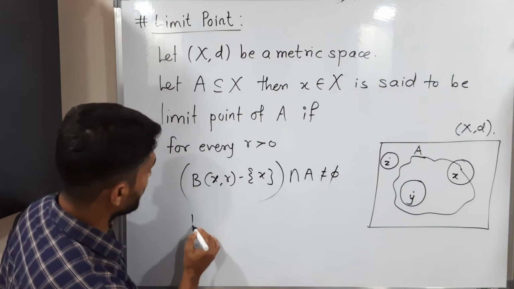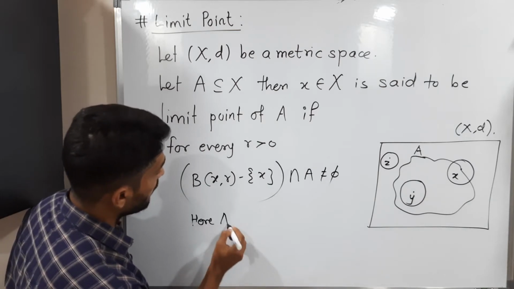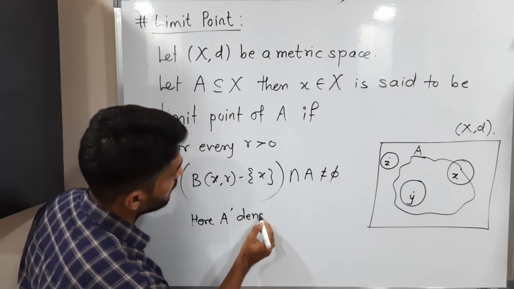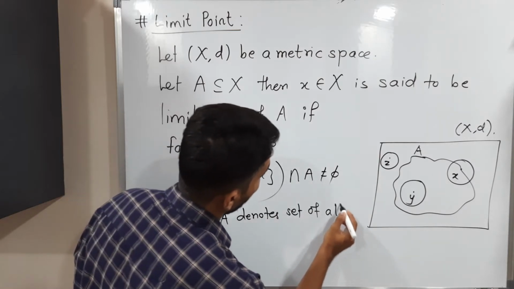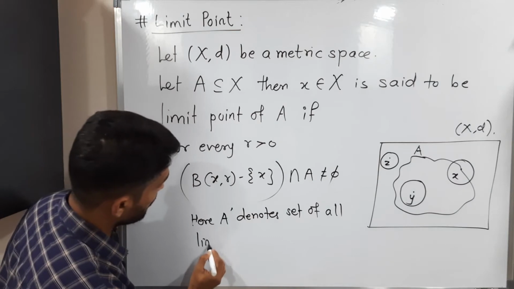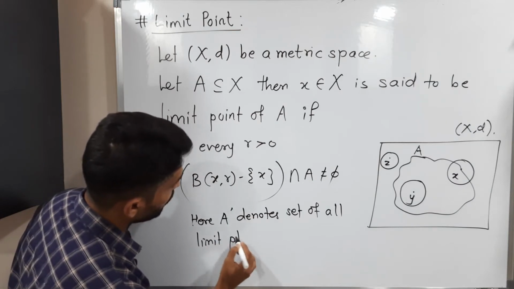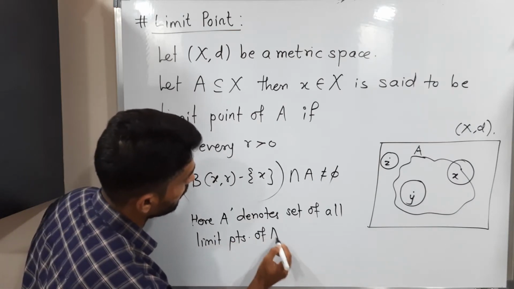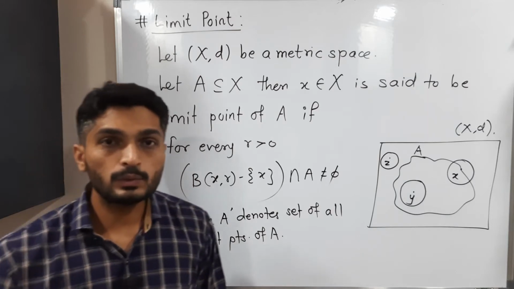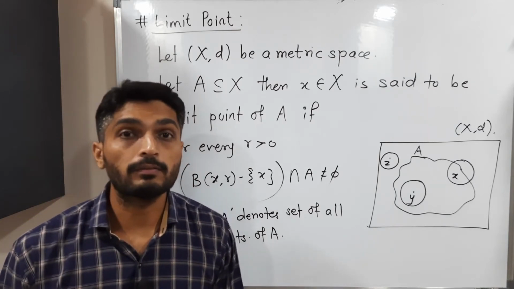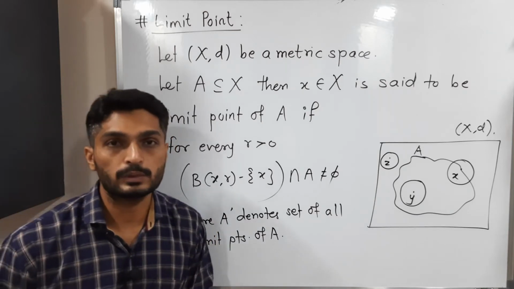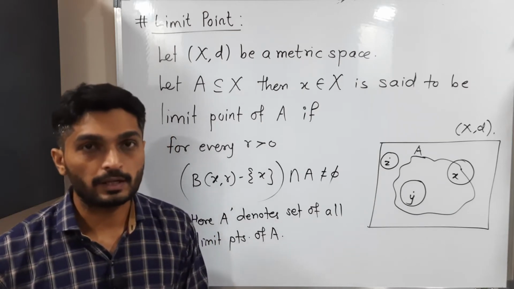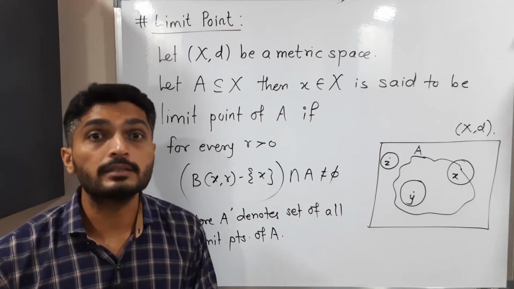So here A' denotes the set of all limit points of A. Sometimes we use D(A) also. So that symbol also we use, or most of the time we use A' only, the set of all limit points of A. And that set is called the derived set.